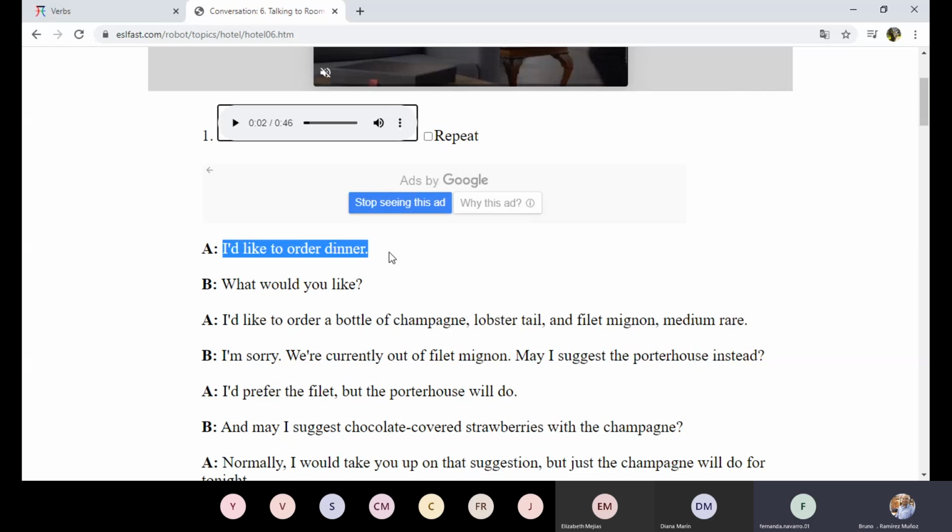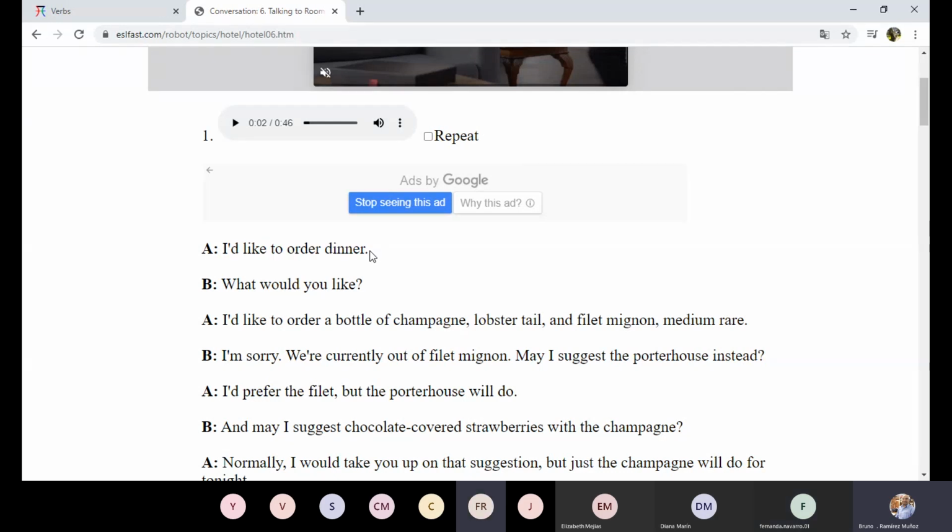How many vowel sounds? 7. Let's see. I would be 1, 2, 3, 4, 5, 6.